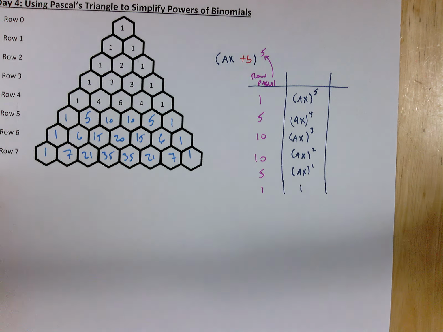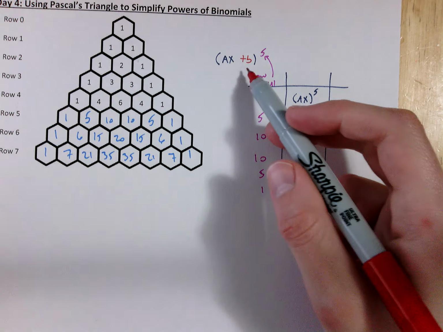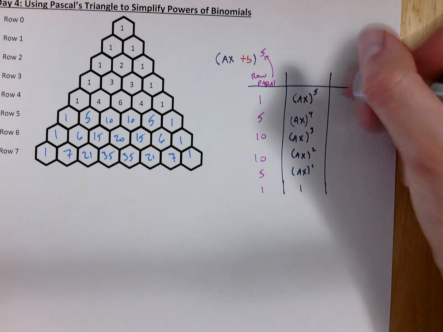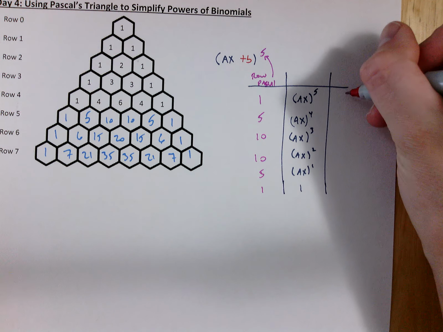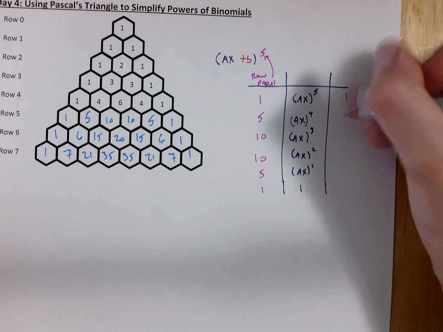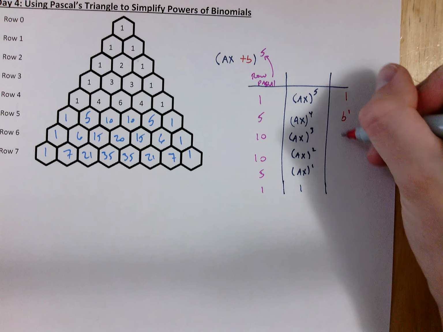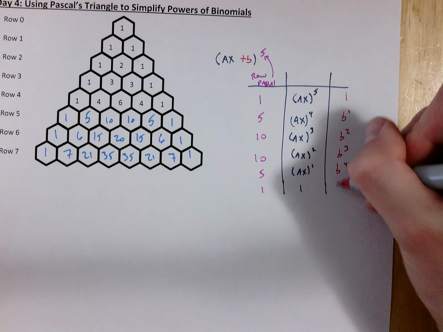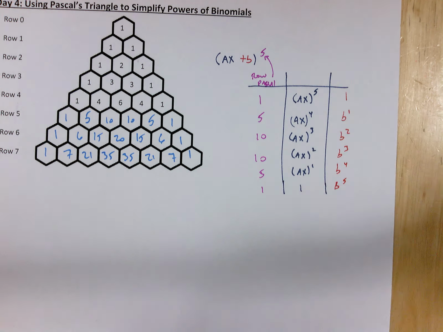All right, and then the last column we're going to do the same thing with the b, but going the other way. Okay, so for the b's, we're starting with b to the 0 power, which is 1. And then we're going to do b to the 1st power, b to the 2nd power, b to the 3rd power, b to the 4th power, b to the 5th power.